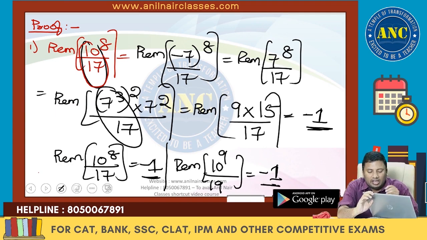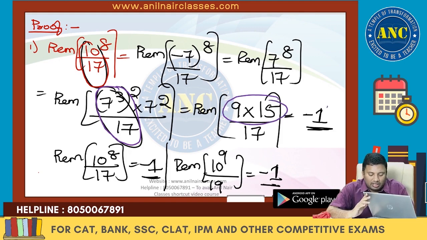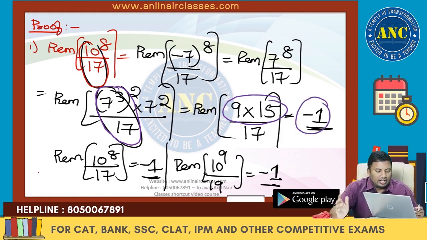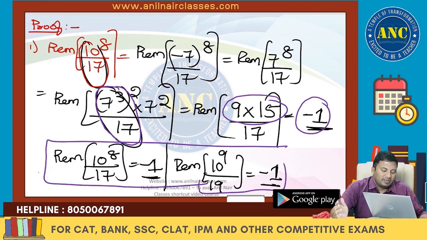Minus power even is plus. 7 power 8 by 17 is 7 cube whole square into 7 square. 7 cube is 343, 17 twenties are 340, remainder 3. 3 square is 9. 9 into 15, 17 eights are 136, remainder is minus 1. Please make a note of these two: 10 power 8 by 17 is minus 1, and 10 power 9 by 19 is minus 1.